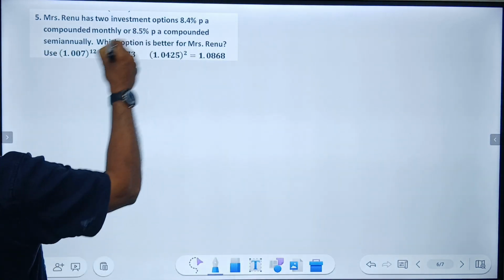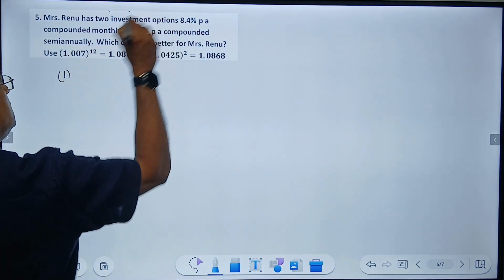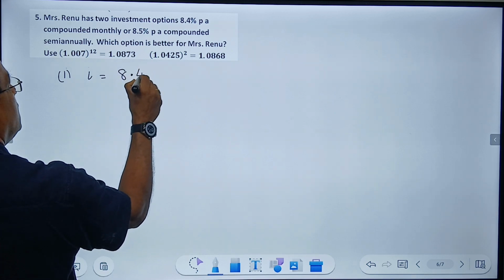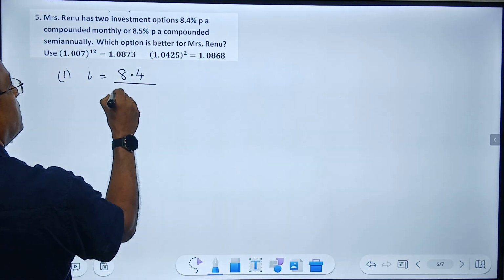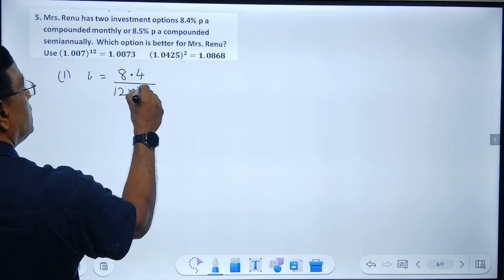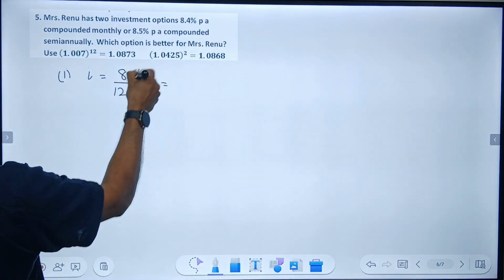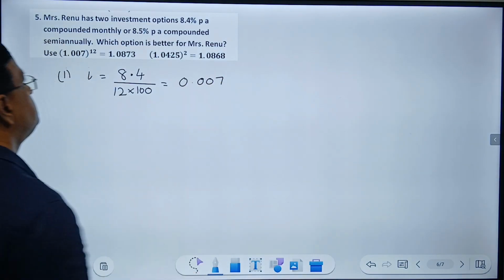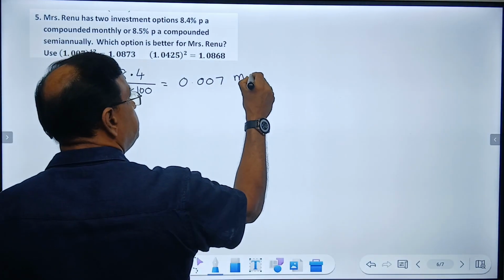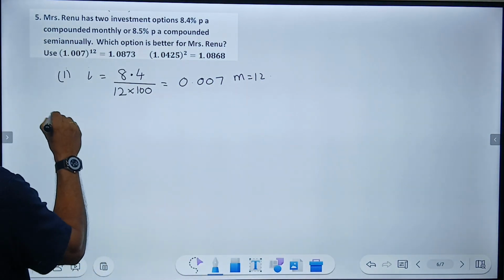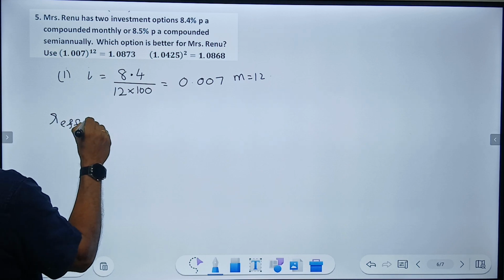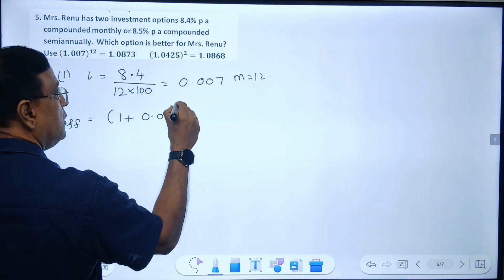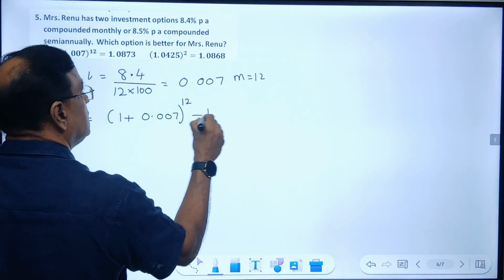Now for the first part of this question, my rate of interest will be 8.4 divided by 12 into 100, since it is compounded monthly. So it will be 0.007, and M is 12. So what is R effective? R effective will be 1 plus 0.007 whole power 12 minus 1.